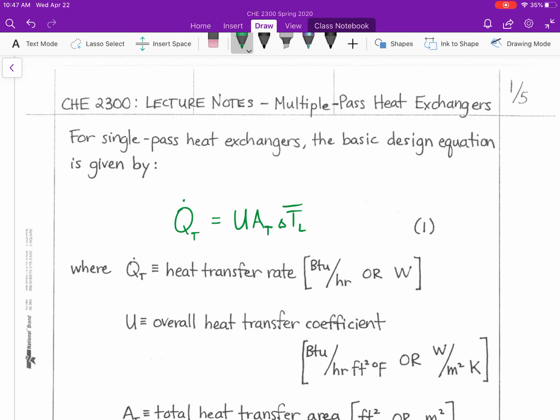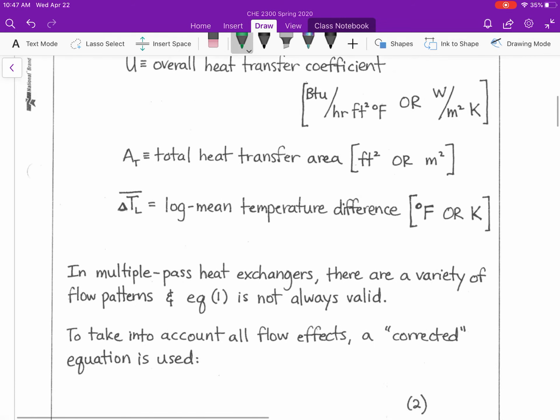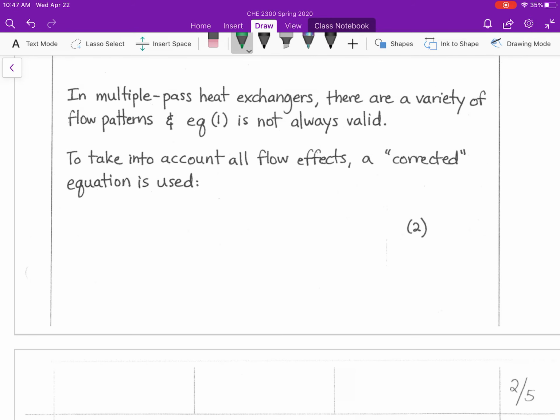Unfortunately, when we have multiple pass heat exchangers, to account for things like different flow patterns, equation 1 is not always valid. And so to take into account all of the flow effects, we introduce a corrected design equation, which looks very similar to the previous equation.